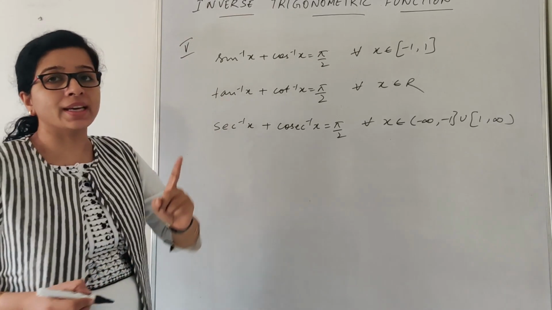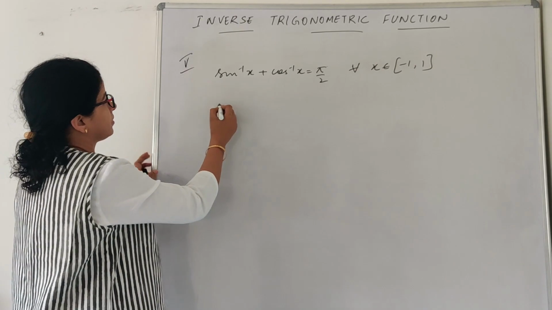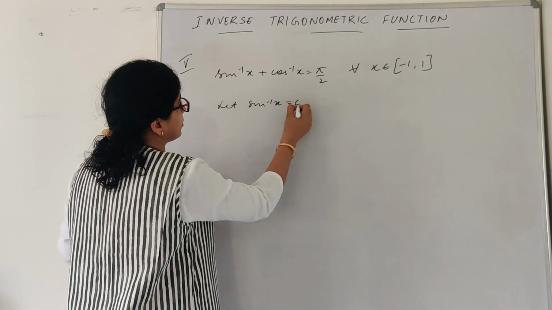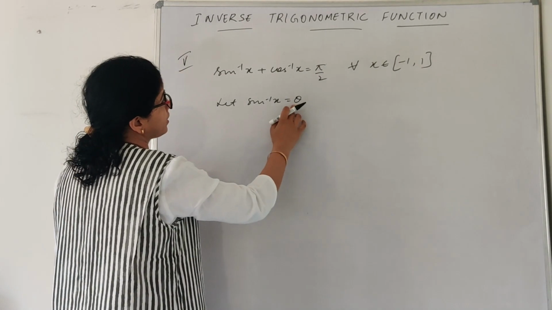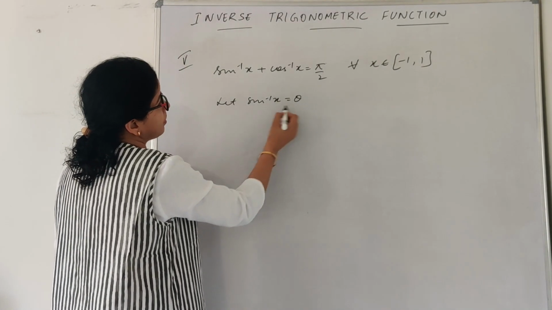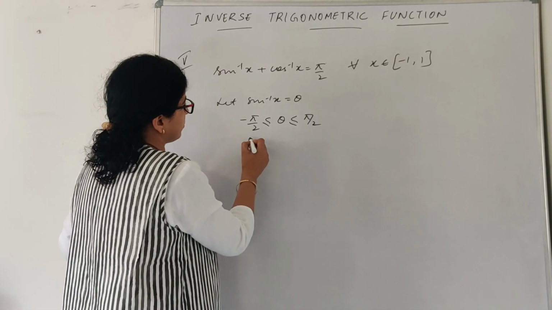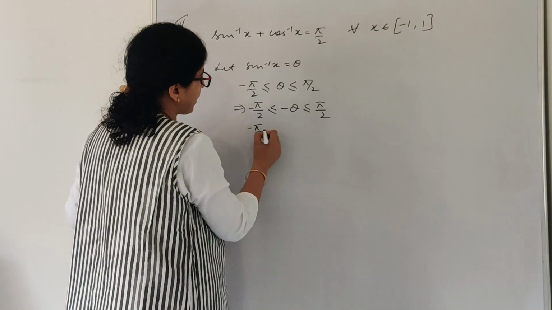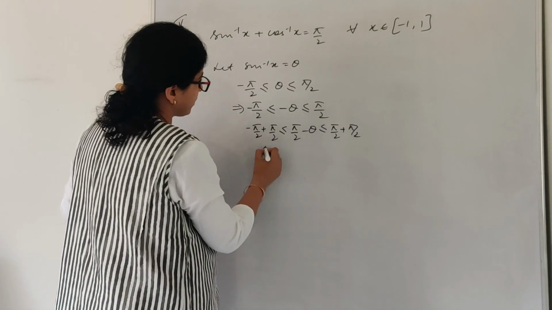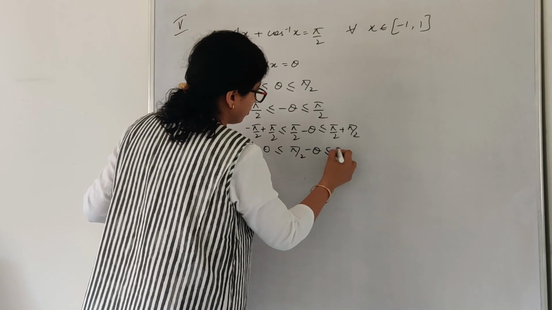I'll prove one of the cases and similarly we can prove the others. So now let sin inverse x be equal to theta, x belongs to [-1, 1]. So my theta will belong to the closed interval minus pi by 2 to pi by 2. Now if I add pi by 2, I can write 0 less than or equal to pi by 2 minus theta less than or equal to pi.